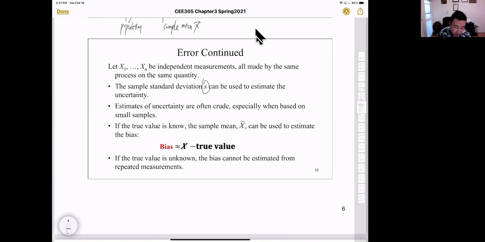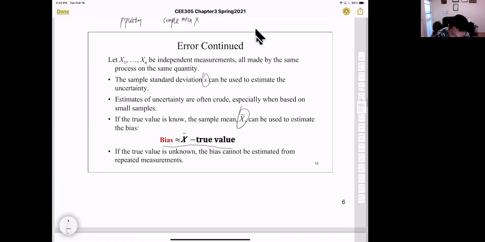If the true value is known, we can use the sample mean to estimate the bias. But if the true value is unknown, then we do not know the bias. The bias cannot be estimated from repeated measurement.